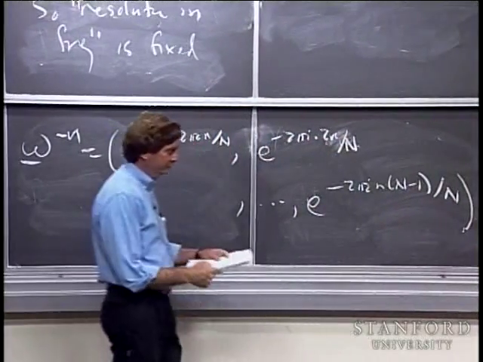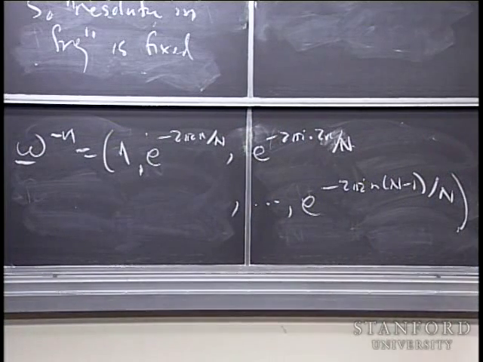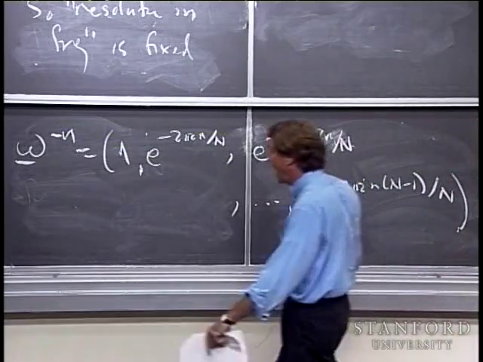Just replacing n by minus n. So with this notation, the discrete Fourier transform looks a little bit more compact. It's not the only reason for doing it, but it's not a bad reason.